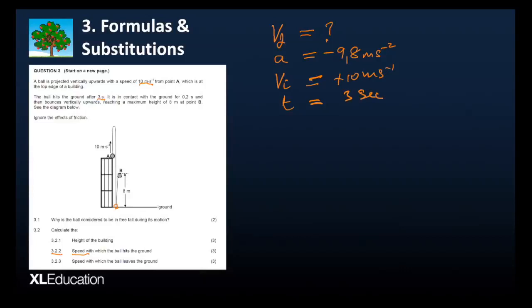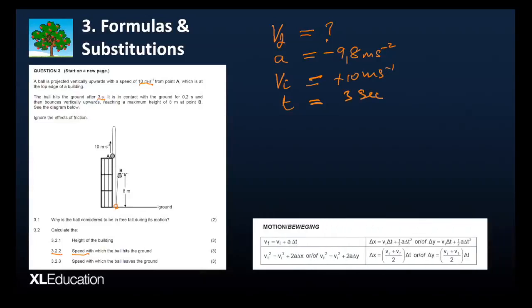Right. Let's have a look at the formula. This is from the formula sheet. For the best equation, we want an equation with which we can calculate V final. This equation here has V final. There is also V final, and V final on that one. Right. Which other physical quantity do we have? There is acceleration, which is our acceleration.